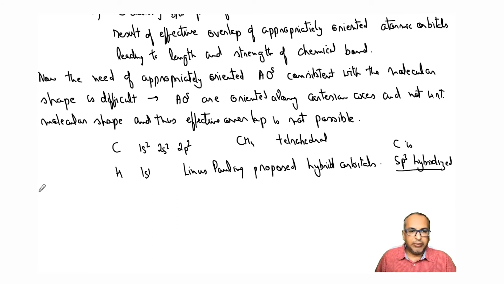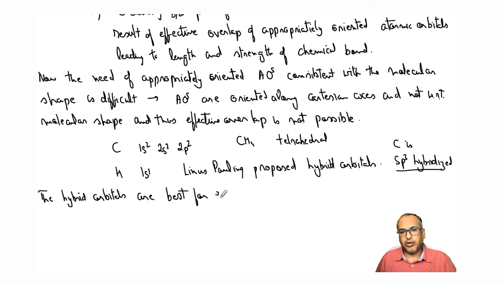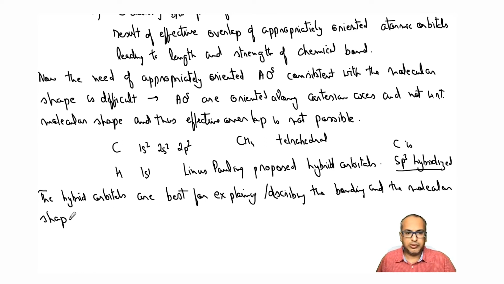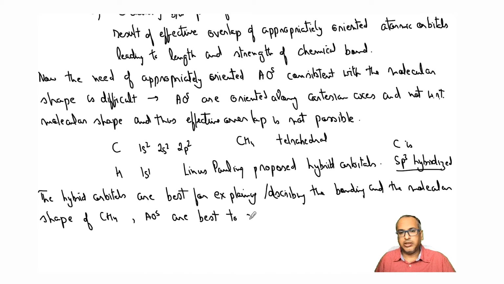So we can say that the hybrid orbitals are best for explaining or for describing the bonding and the molecular shape of CH4, whereas atomic orbitals of carbon are best to describe a single carbon atom, right?